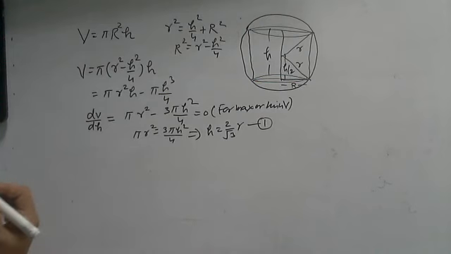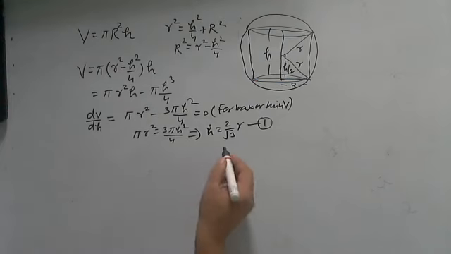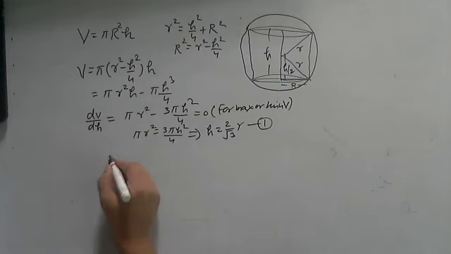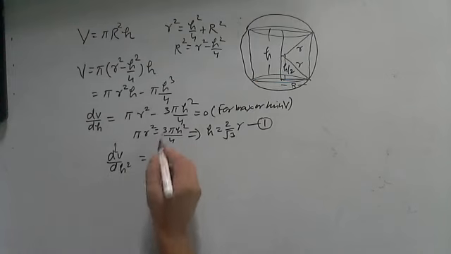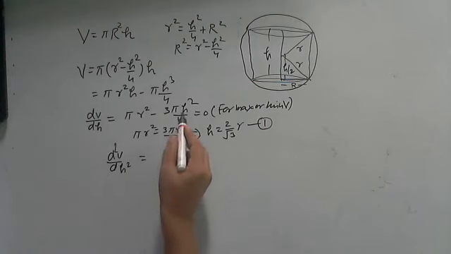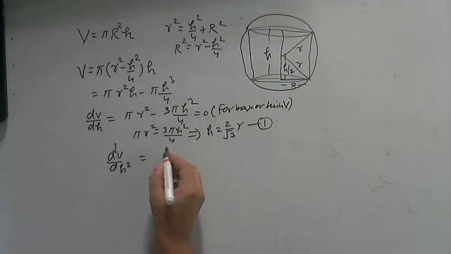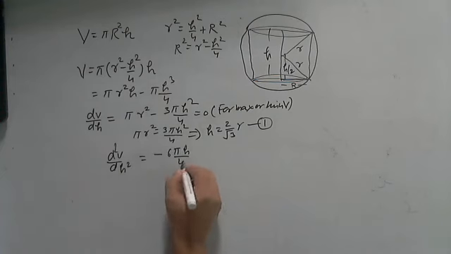Now we have got h in terms of R, which is very much required. Now at this situation, we have to check whether it is maximum or minimum using the double derivative. We differentiate again with respect to h, because R is constant, and it gives you minus 6 pi h upon 4.